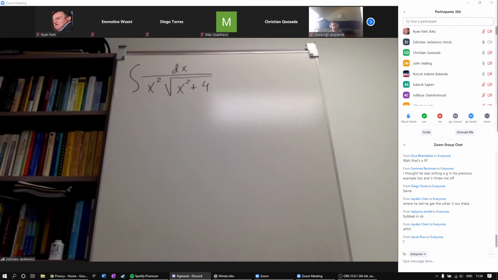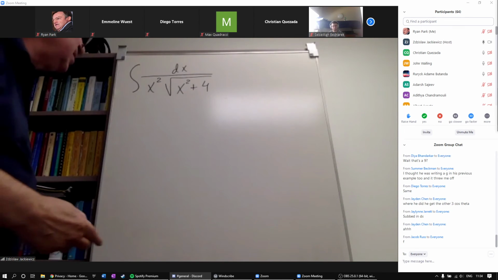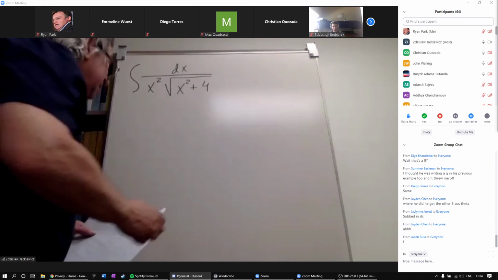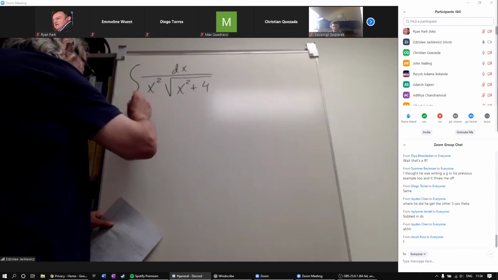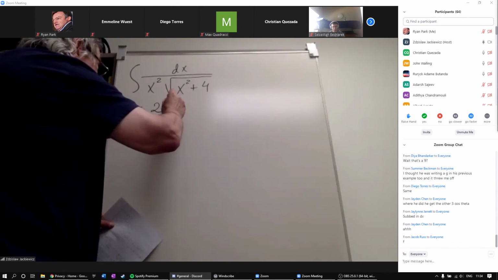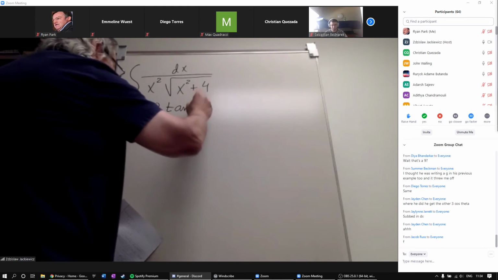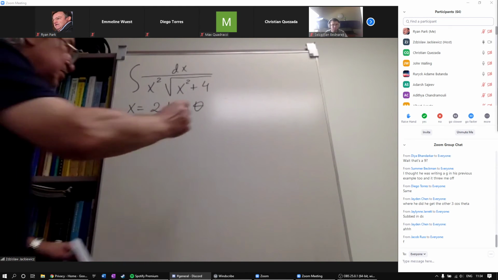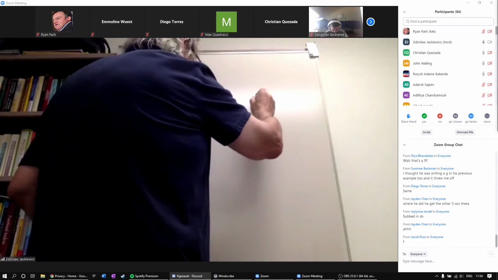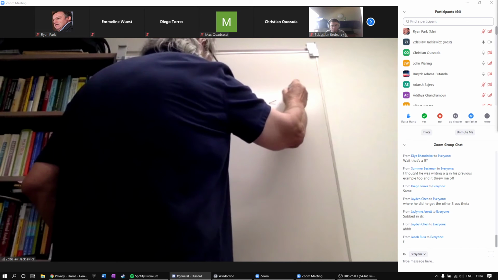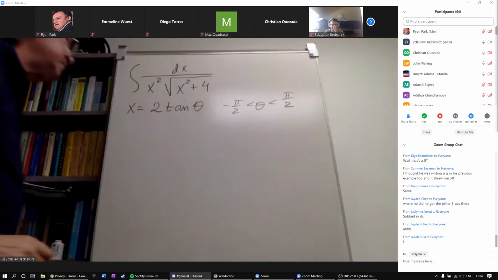Again, you look at the table of substitutions, and if we have x squared plus a squared, the recommended substitution was x equals a tangent theta, which here is 2 tangent theta, when theta is between minus pi over 2 and pi over 2.